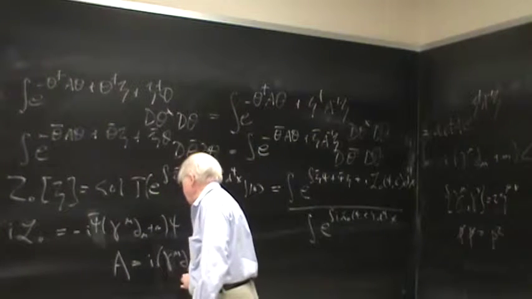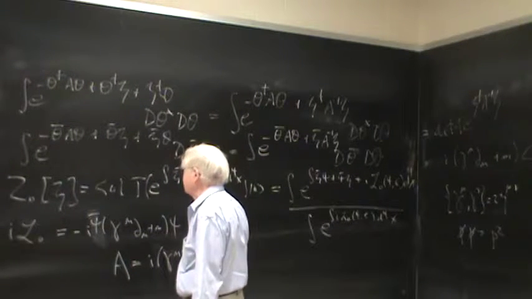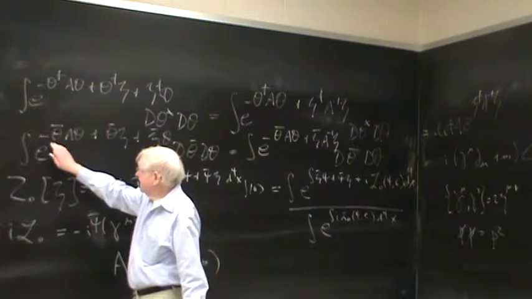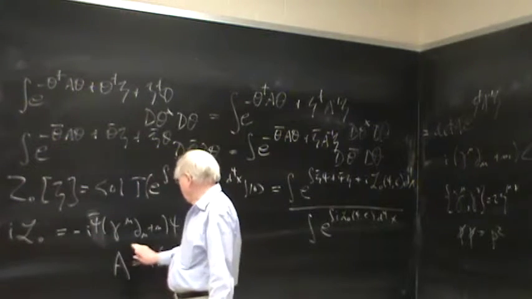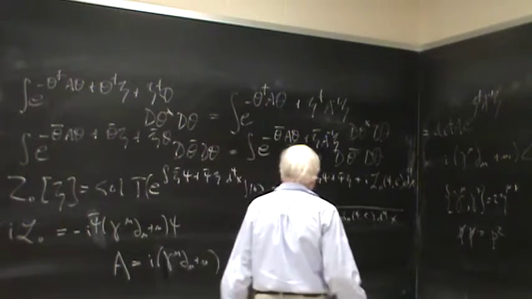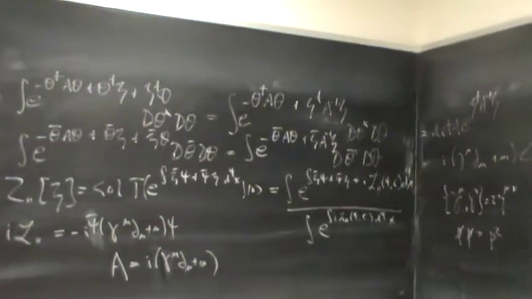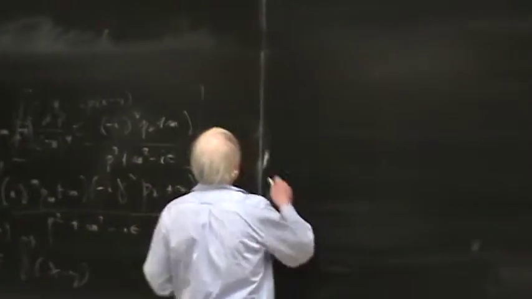So this is the matrix A, and the structure there then is minus psi bar A psi. And so we can rewrite it, in other words, we get the following relation.